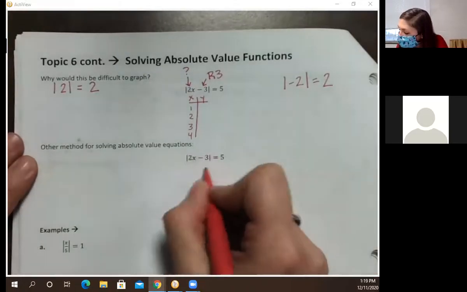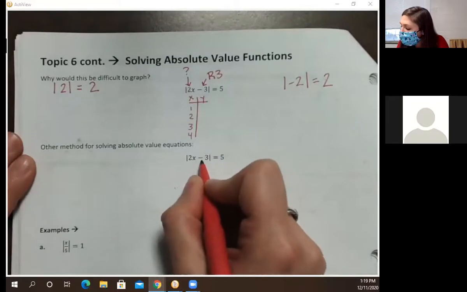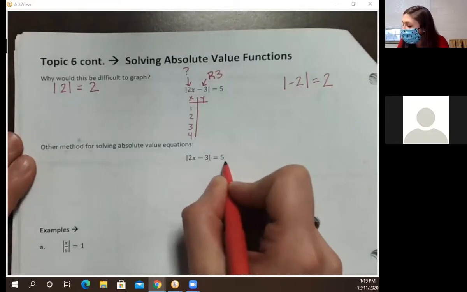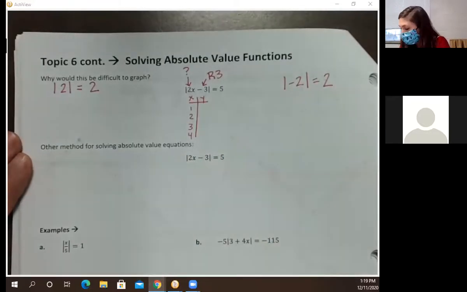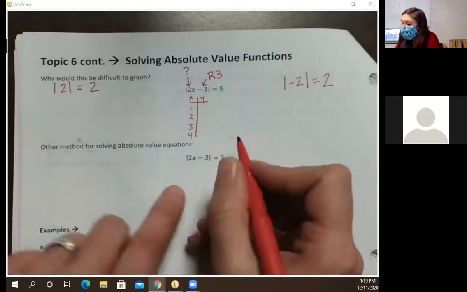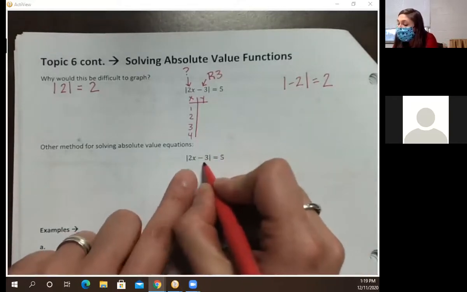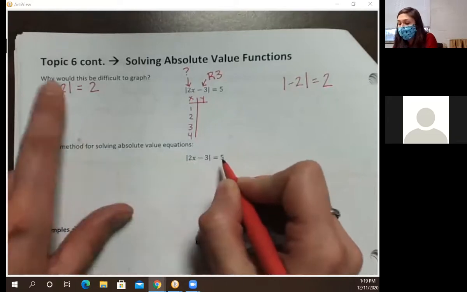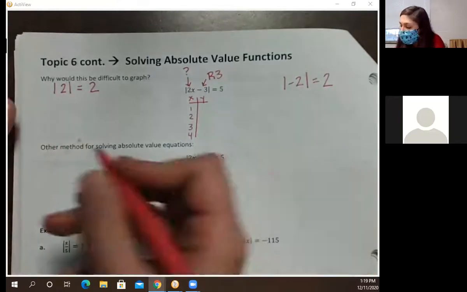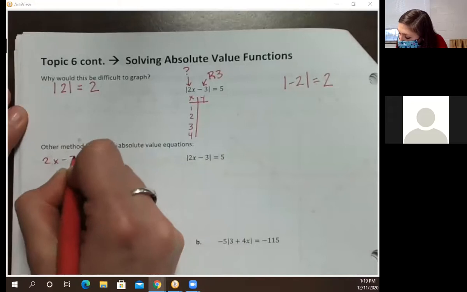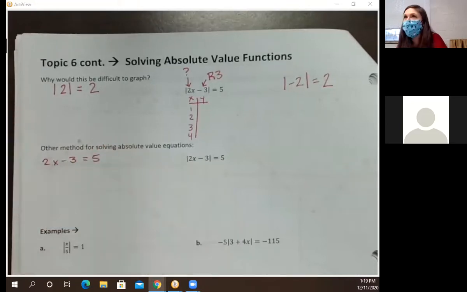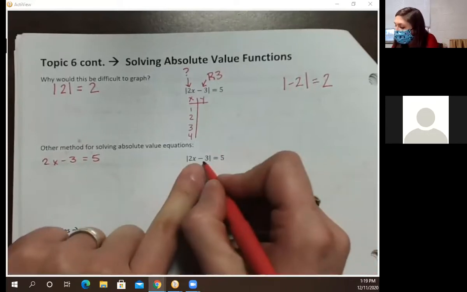So for my function here, the absolute value of 2x minus 3 equals 5, for my equation, I should say. We know that 2x minus 3 could have just equaled 5, like how the absolute value of 2 is 2. So maybe 2x minus 3 just equals 5. But there's another possibility I have to consider. 2x minus 3 could have actually given me -5.